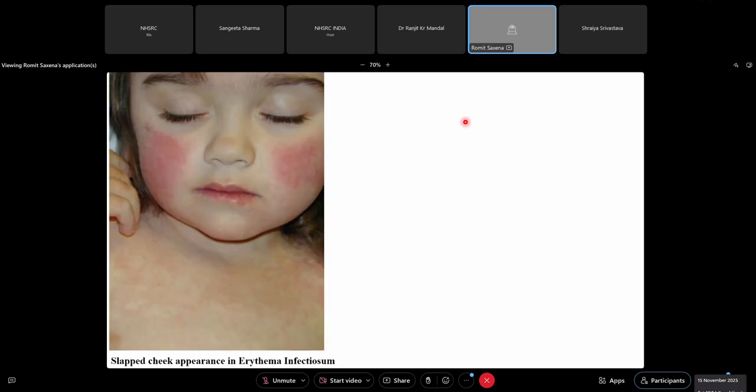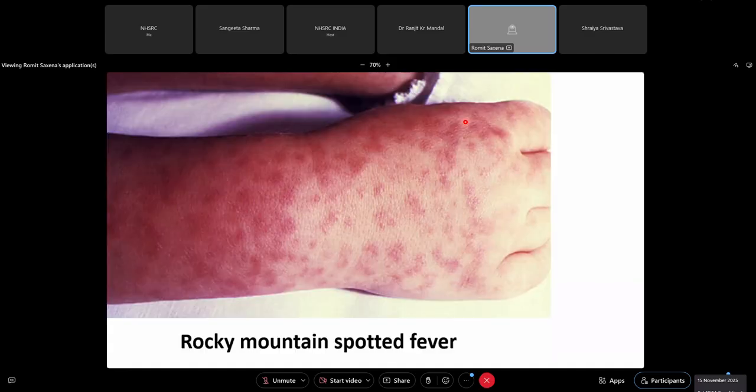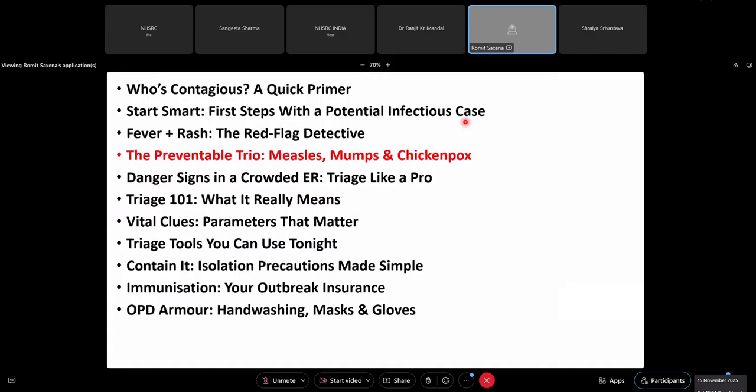Similarly, just looking at the child can give you an idea as to what kind of disease process you're dealing with, and understanding that it is a viral illness will help you intervene in the transmission cycle, treat the patient while instituting adequate isolation precautions.